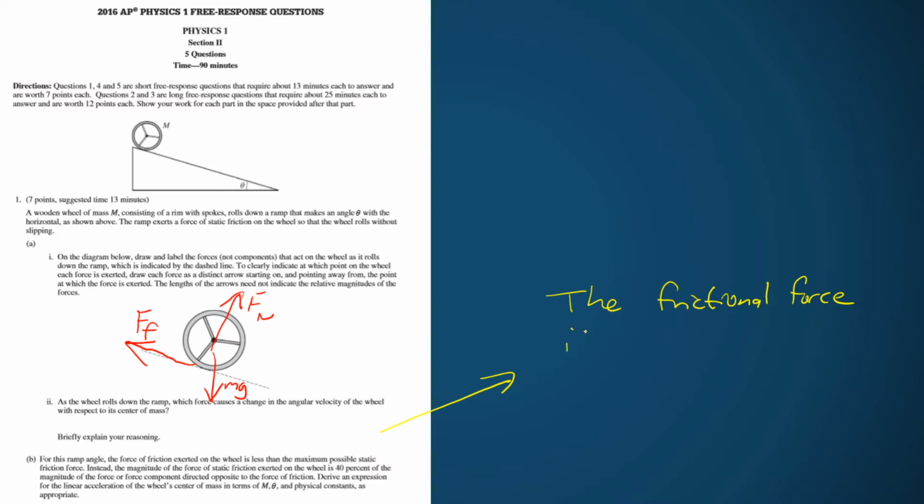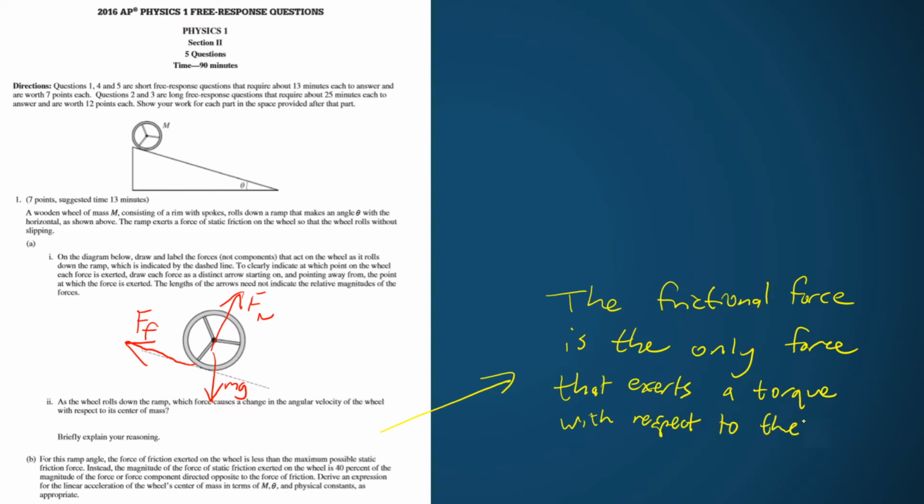The frictional force is the only force that exerts a torque with respect to the center of mass. I was just going to write wheel, but I like that a lot better actually. So the center of mass of the wheel.